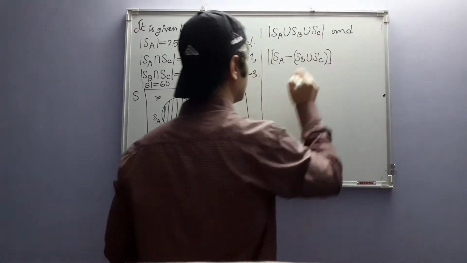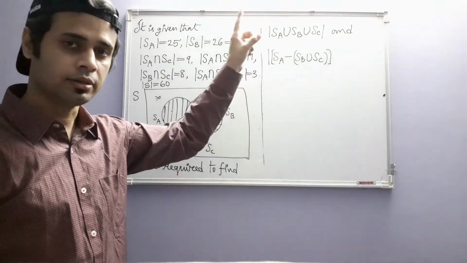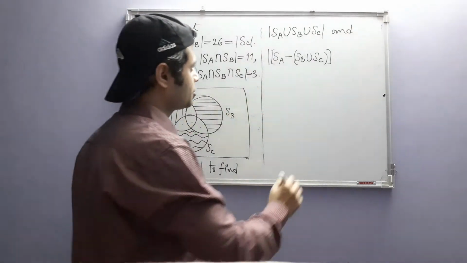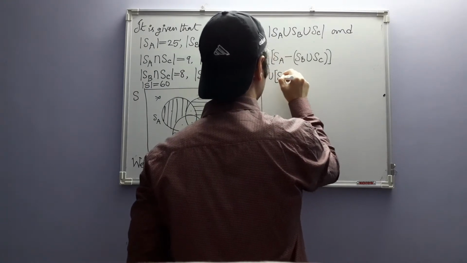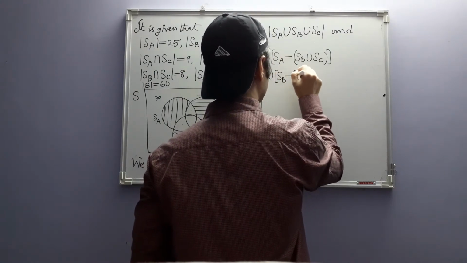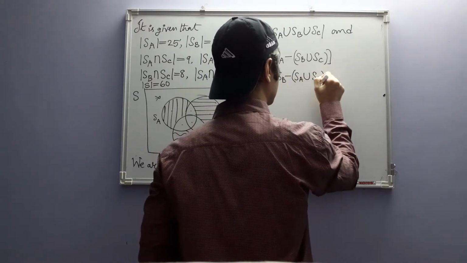But that is just the number of people reading newspaper A. But we also, along with this, need the number of people reading just newspaper B. Note that this is union, not intersection.